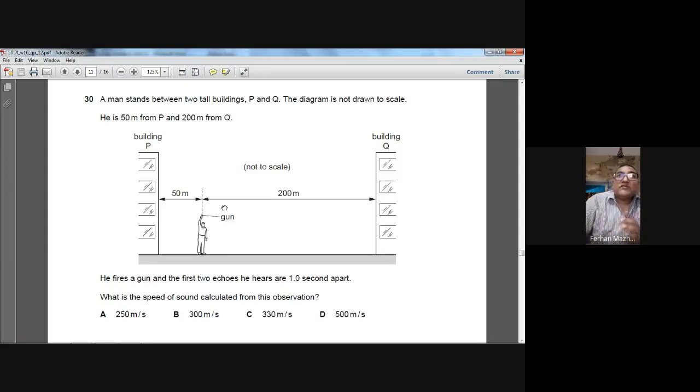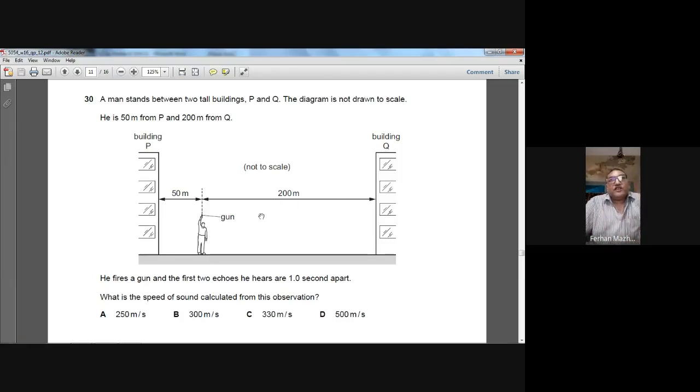The other sound wave which went towards building Q will go 200 meters, be reflected from building Q, and come back to the man, again covering 200 meters. So he will hear the second echo. The total distance traveled by this sound is 400 meters: 200 going, 200 coming back.